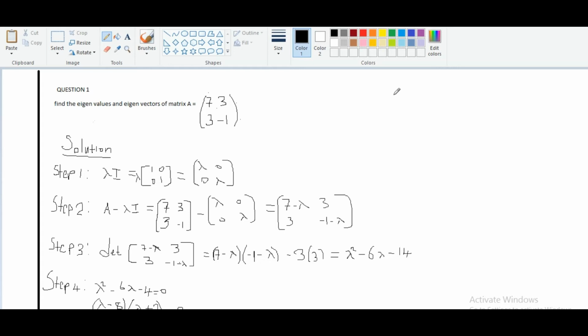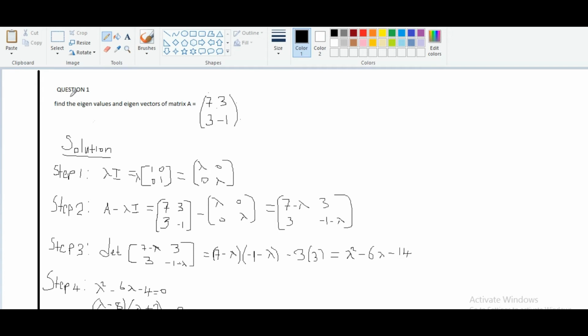Step 4, solve for the values of lambda that satisfy the equation of the determinant, where the determinant of A minus the scalar multiplied by the identity should give you a 0 matrix, a 0 vector.